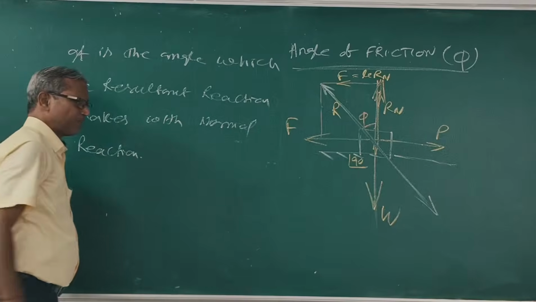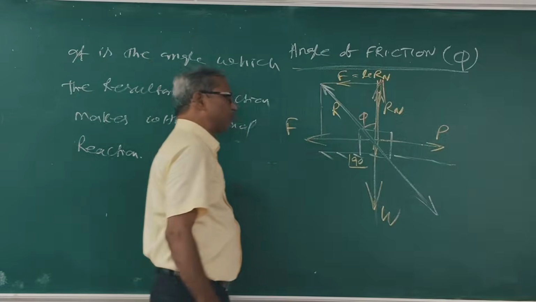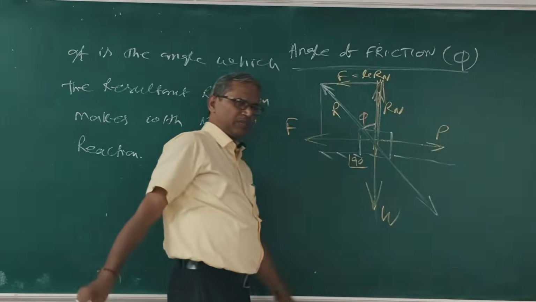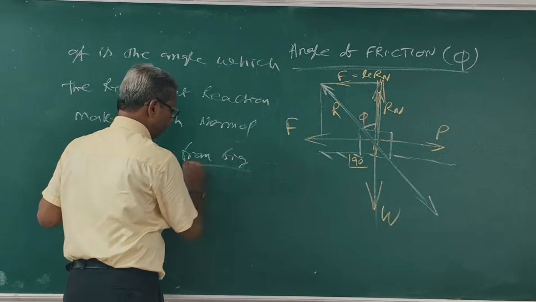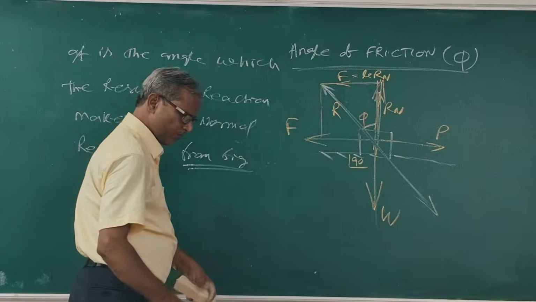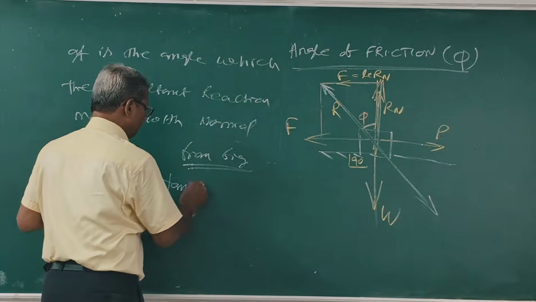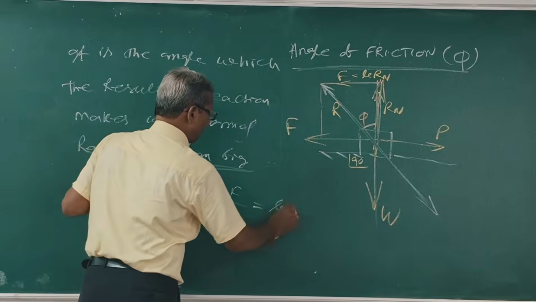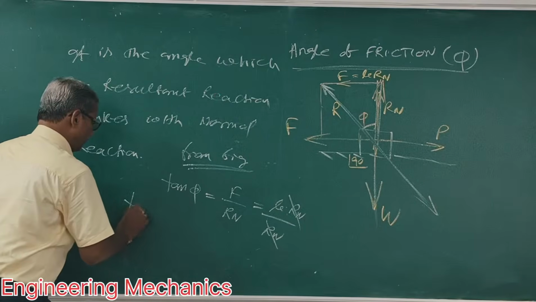Clear? So from the figure, this angle phi, this is F, this is Rn. What is tan phi equal to? F by Rn. What is F? Mu Rn by Rn. Rn cancels. So tan phi is equal to mu.